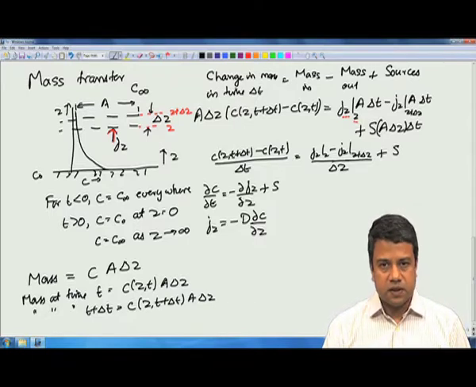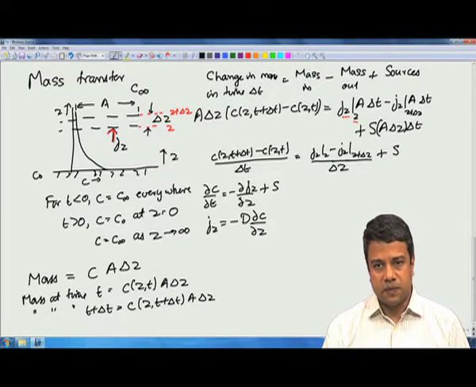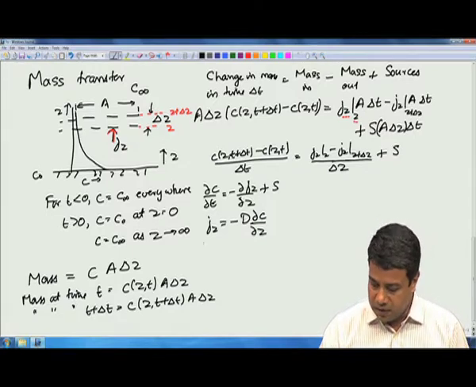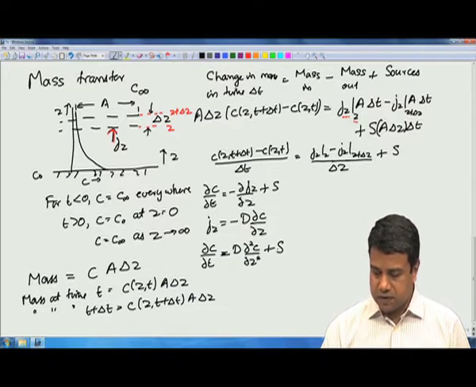Put that into the equation once again using the assumption that the diffusion coefficient is independent of the concentration or position. You will get partial c by partial t is equal to d square c by dz square plus source.